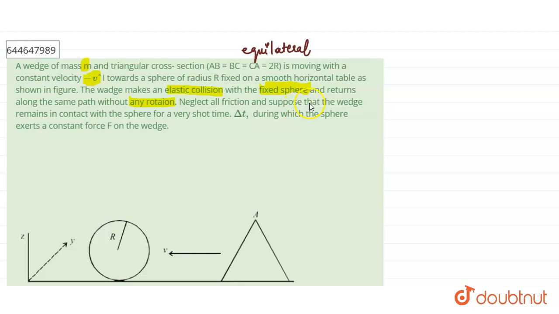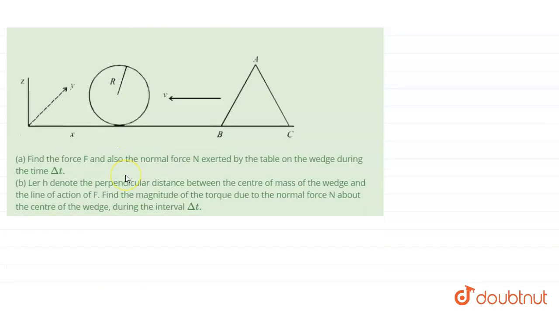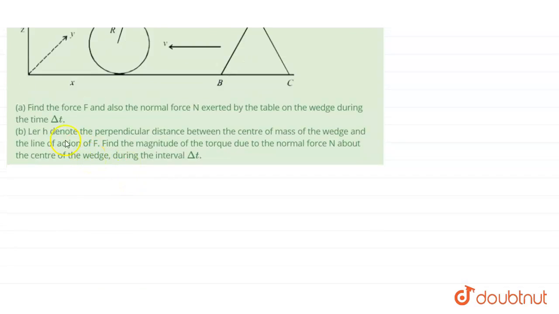Neglect all friction and suppose that the wedge remains in contact with the sphere for a very short time delta t, during which the sphere exerts a constant force F on the wedge. Here the figure is given and two questions are given. Find the force F, and also the normal force N exerted by the table on the wedge during the time delta t.